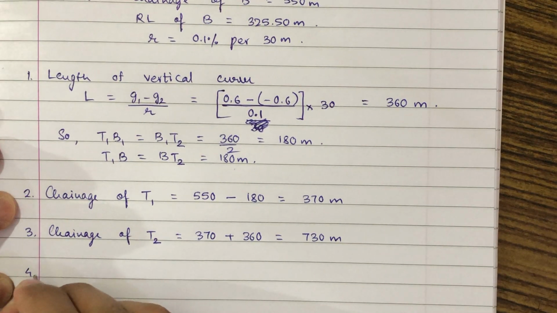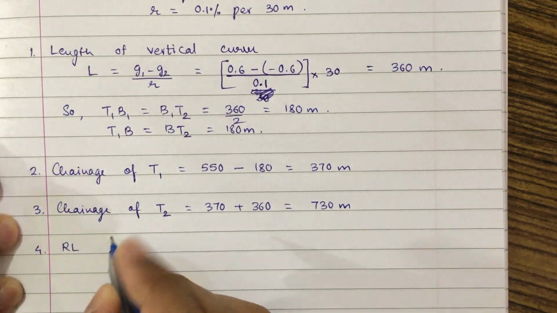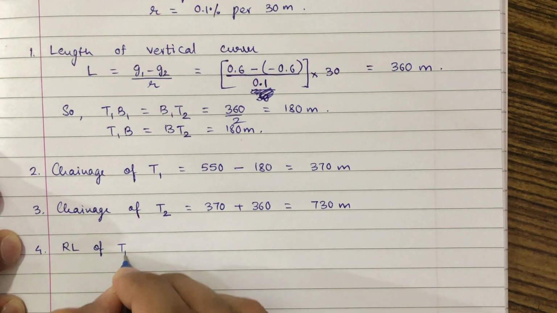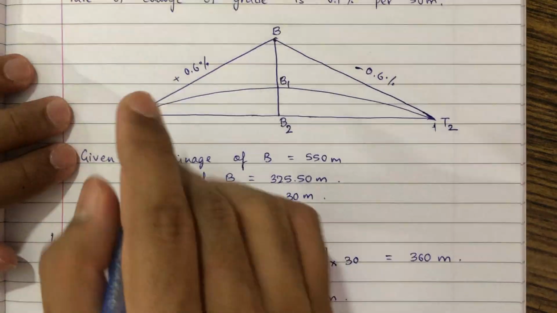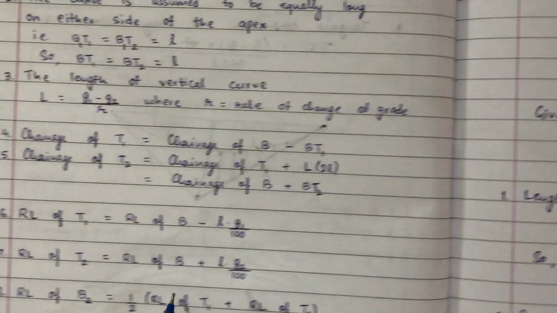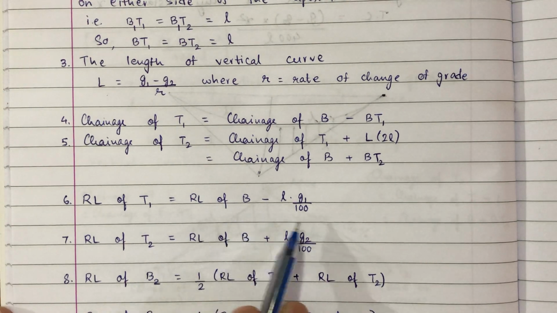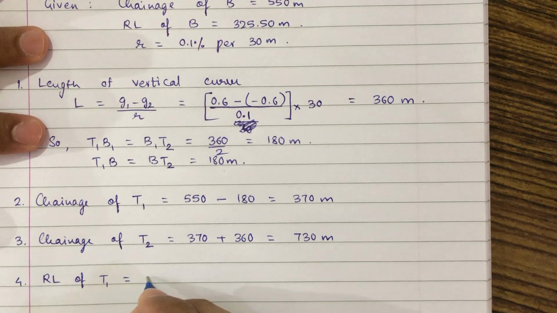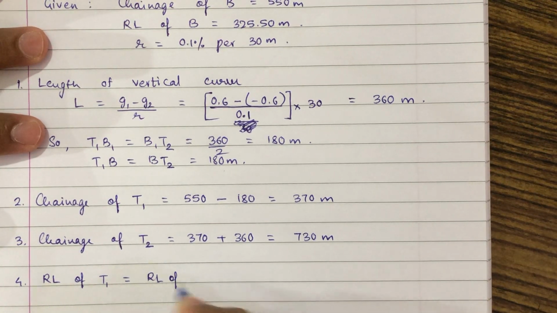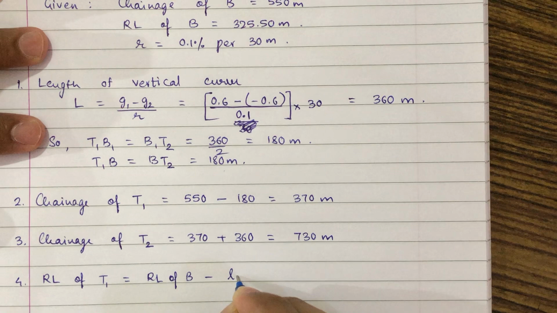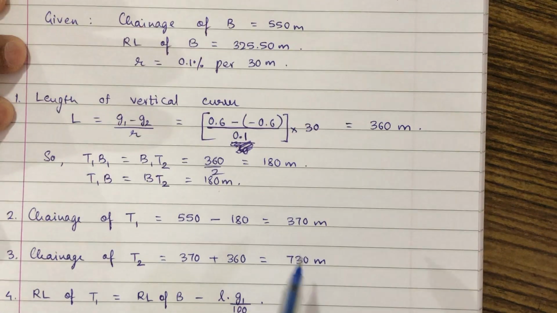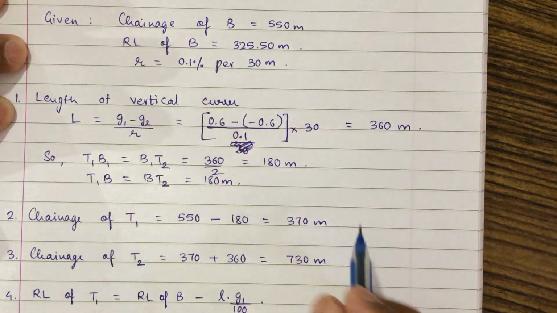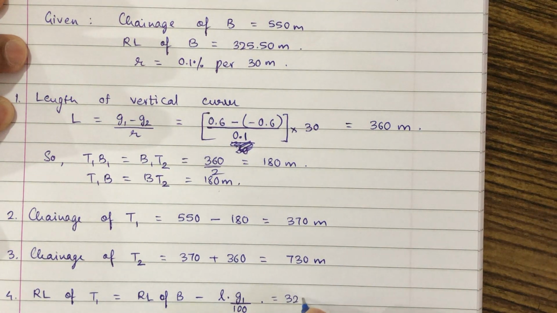Next we need to find RL of T1. The formula for RL of T1 is RL of B minus l into G1 by 100. RL of B we already have, that is 325.5, minus l.